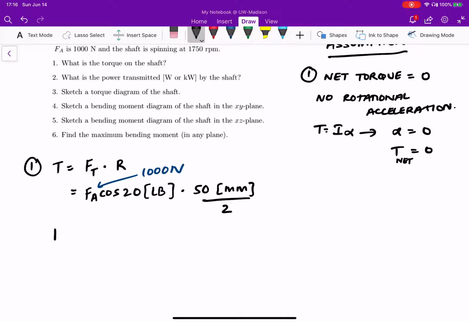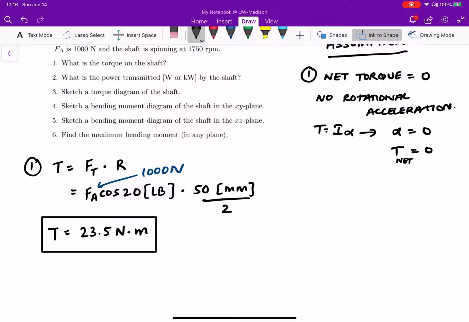The torque on the shaft is 23.5 Newton meters, and then box your answer.